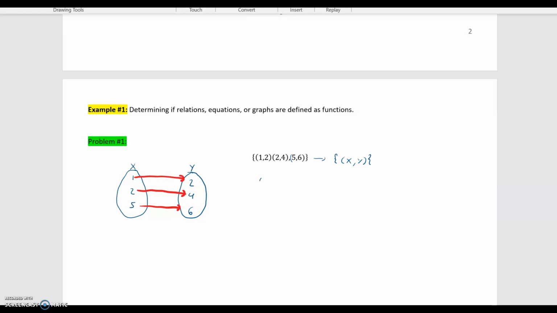So in this case, we would say yes, the relation is defined as a function since every x value has a unique y value as output.